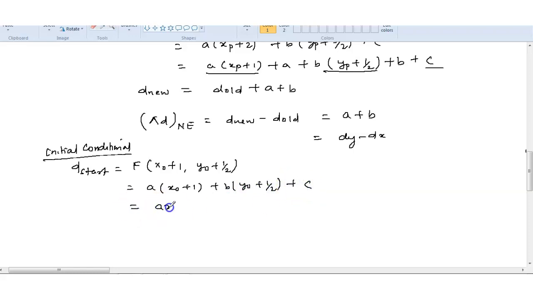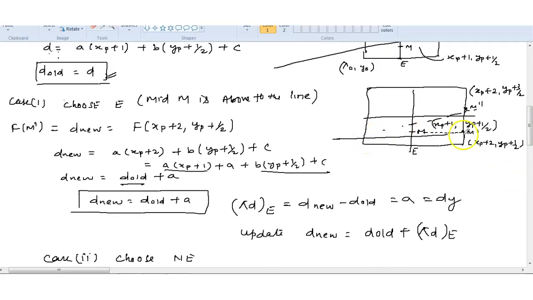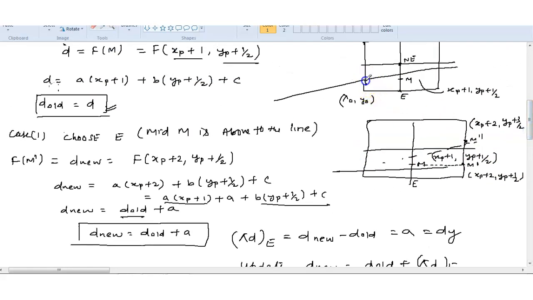So this becomes a x naught plus a plus b y naught plus b of half plus c. This combined a x naught plus b y naught plus c is 0, because x naught, y naught is the initial point through which the straight line passes. So these values will be equal to 0 if you substitute into the equation of a straight line.